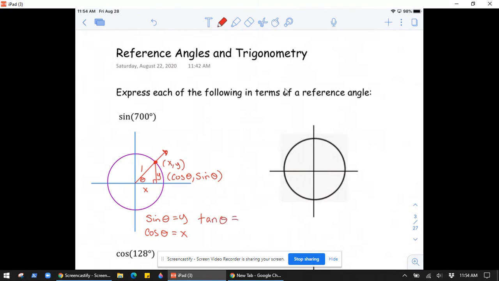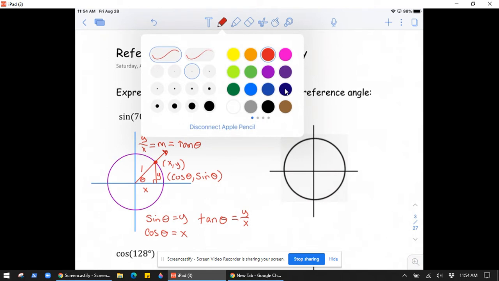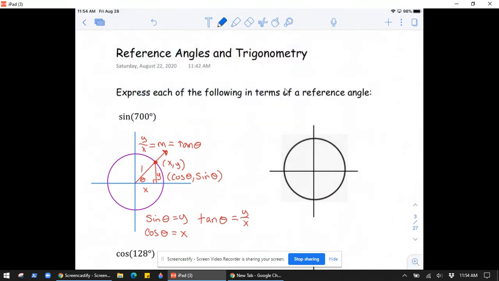It's opposite over adjacent. A good way to think of this is it's the slope of this line, because it's y over x, which is clearly a rise over run. So I'm going to use these ideas to do this sequence of problems.